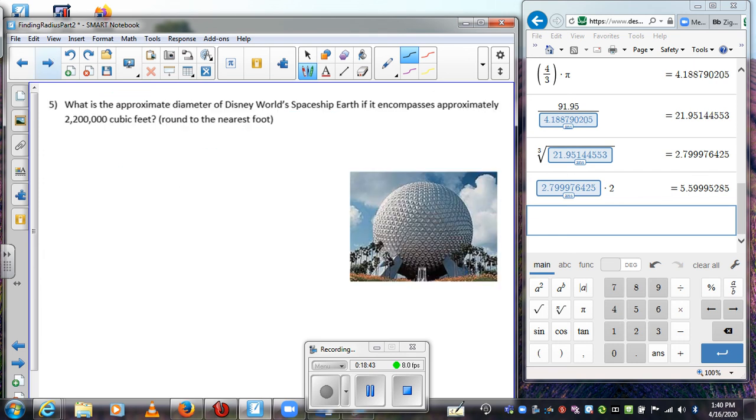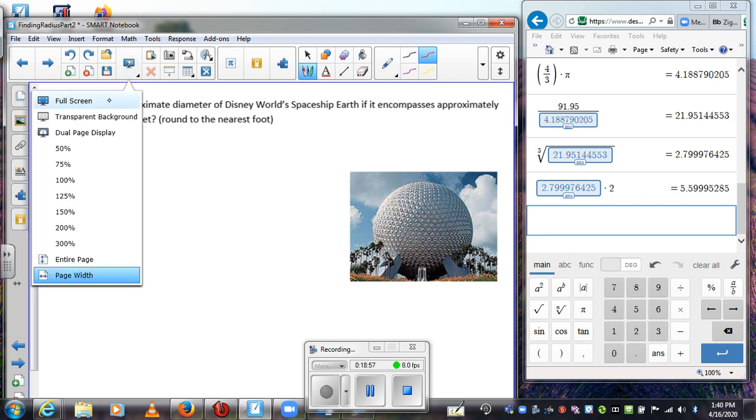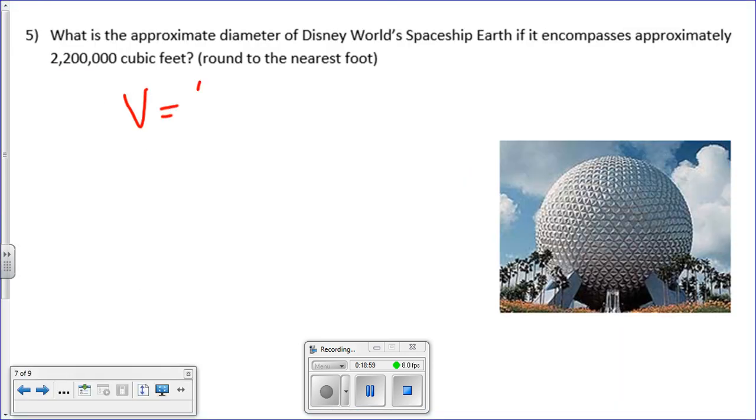You might recognize this. This is Spaceship Earth from Walt Disney World. And it has a volume of 2,200,000 cubic feet, just in case you didn't know that. So we're going to do V is equal to 4/3 pi r cubed.